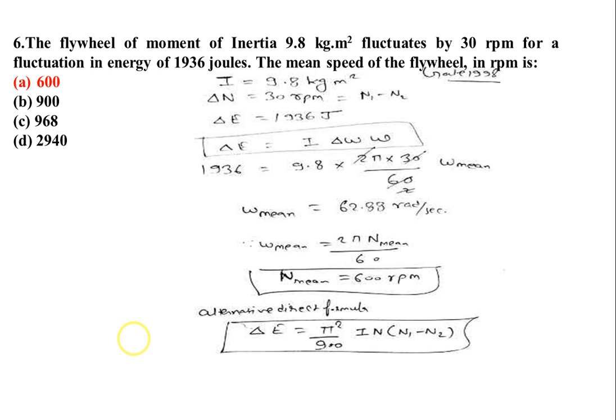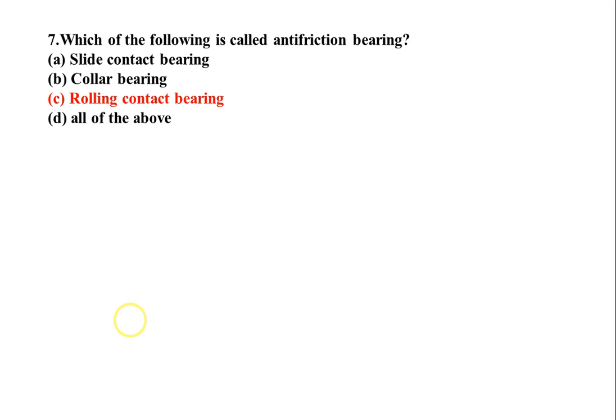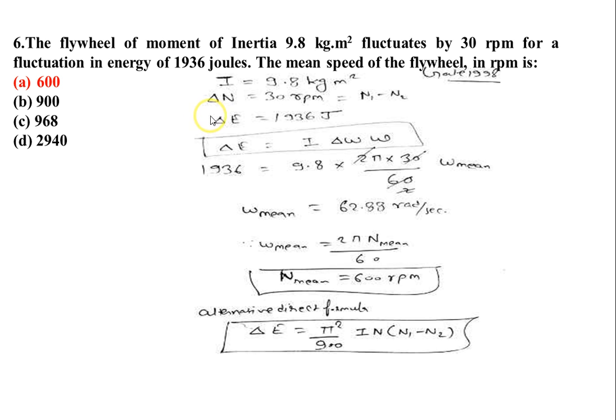You can see in the figure: I equals 9.8, delta N is 30 rpm, delta E is 936. Using this formula we can calculate omega mean, and through omega mean we can calculate N mean. We can also use the direct formula: delta E equals pi square by 900 times I times N mean times (N1 minus N2).